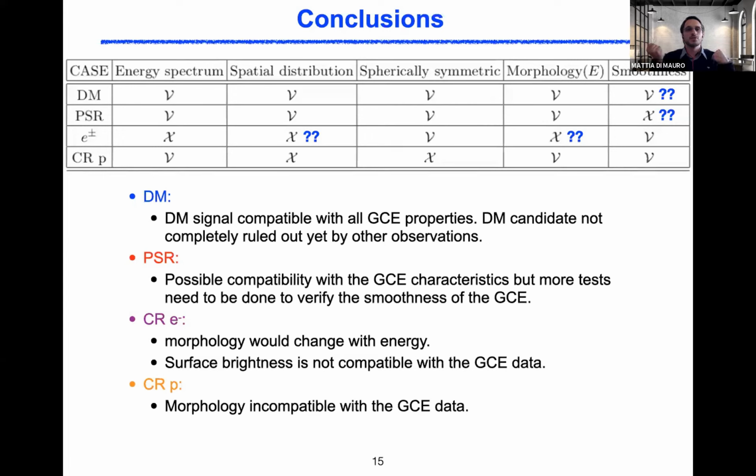The electrons and positrons seem to fit the morphology and the spatial distribution not very naturally, but maybe using some more complicated model it is still possible to fit the galactic center excess. So more work has to be done, so stay tuned.